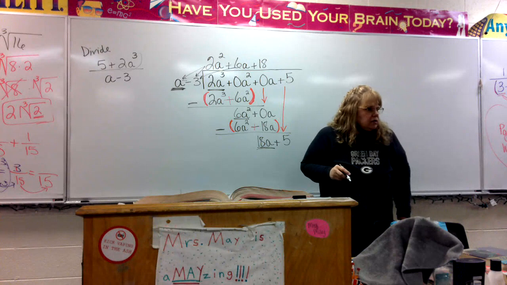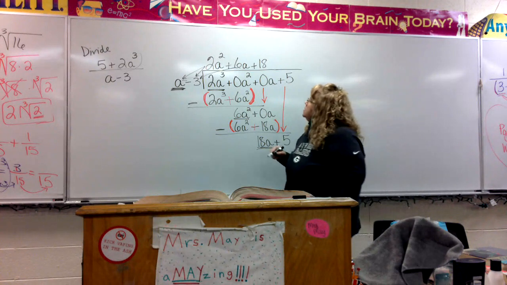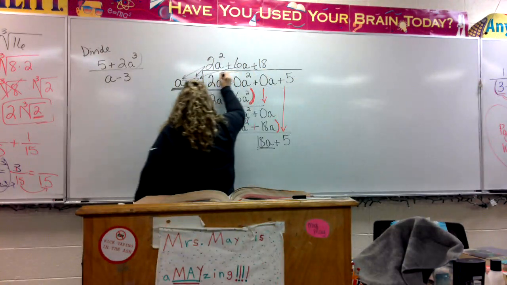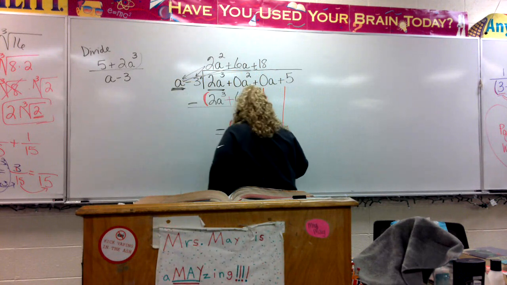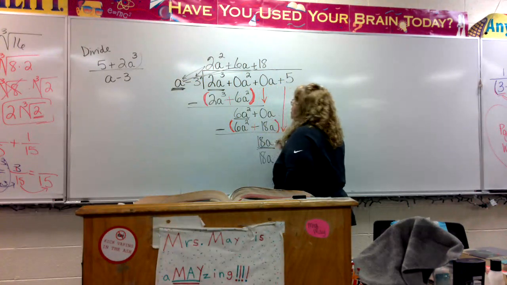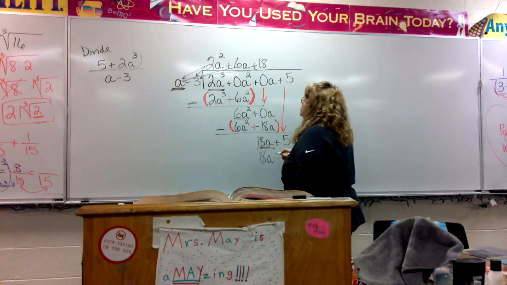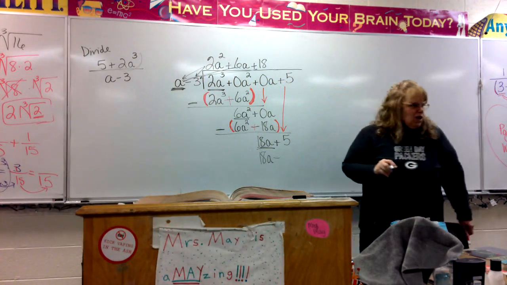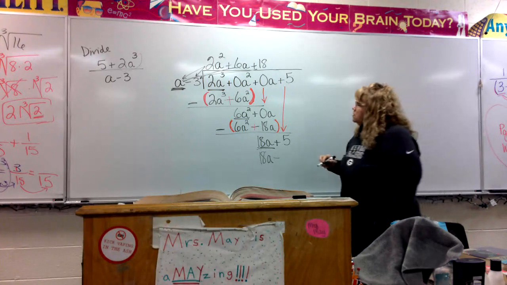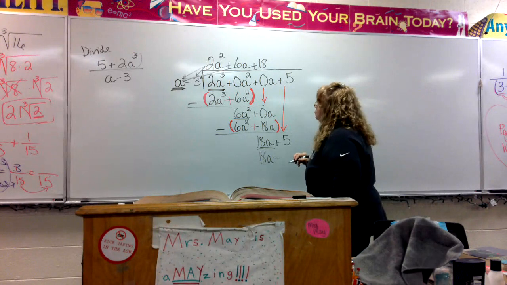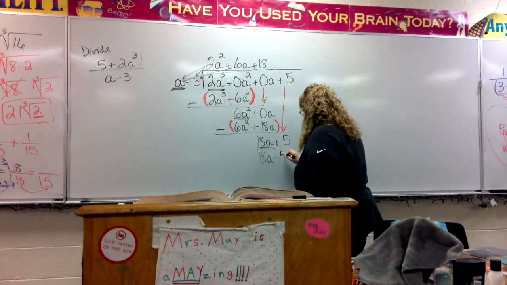Now what, Alex? Yeah, you times it. So 18 times a, 18a. What's 18 times negative 3? Well, it's going to be a negative. Is that 54? I think. 2, 4, carry the 2. I think it's negative 54.